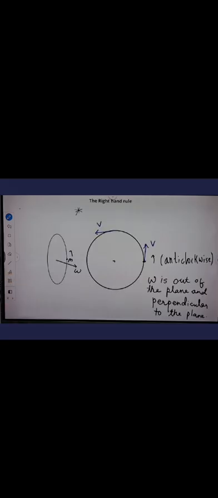When it's anti-clockwise, it's outwards, out of the plane. Next line: when the object goes clockwise, write down, it's into the plane.